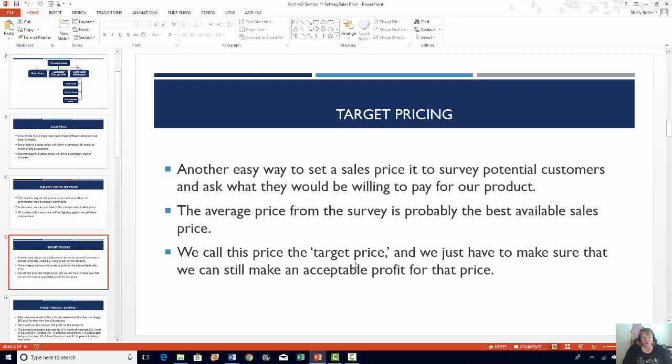So, to take a look at target pricing. Another easy way to set a sales price is to survey potential customers. I know that you've probably had this type of information in other classes where you send out a survey. And surveys are very important and very much used today. Back in the day, they used to have a guy or a gal with a clipboard, and they would ask you questions at the mall or the grocery store, anywhere a large group of people gathered.